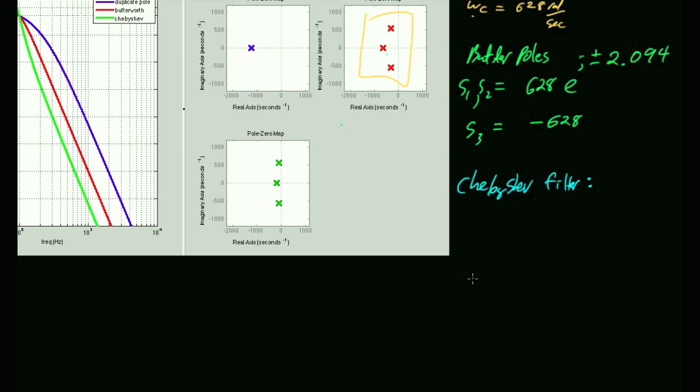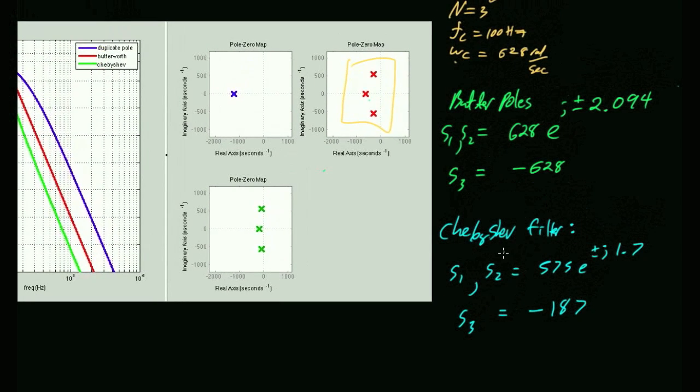So here it looks like 575, e to the plus or minus j 1.7, and then a third pole at negative 188, negative 187, whatever. We're not going to split hairs over one pole, over 1 degree. Okay, so basically I just had to give me the locations of those poles.